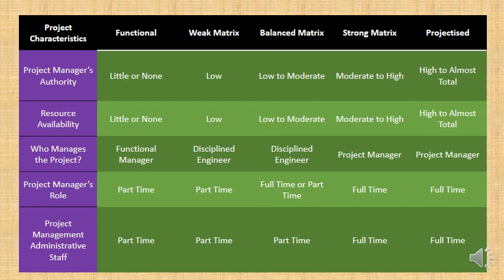However, they are reporting to two bosses. And if we go completely to a projectized project organization, there's no split loyalties. However, to justify projectizing an organizational structure, you need a very large project, and I'm talking in the realm of tens of millions. That tends to be how it goes.